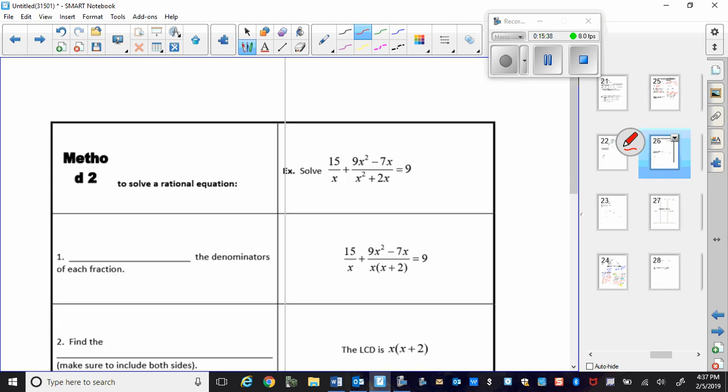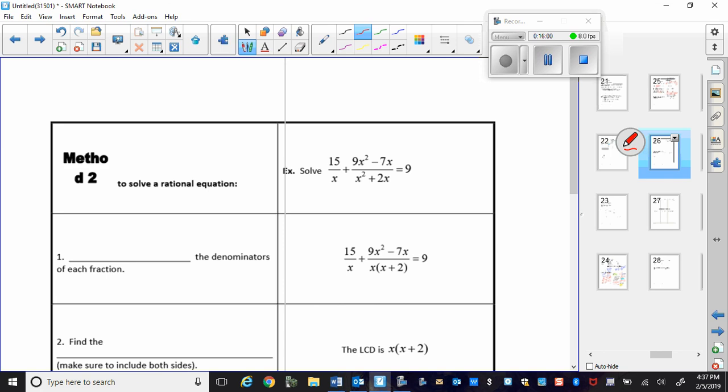So we went through a lot of stuff here. I don't want to do method 2. Yeah, I like when all denominators are the same, but we do have to go through this.